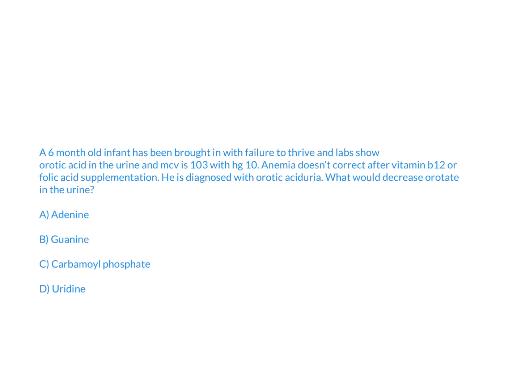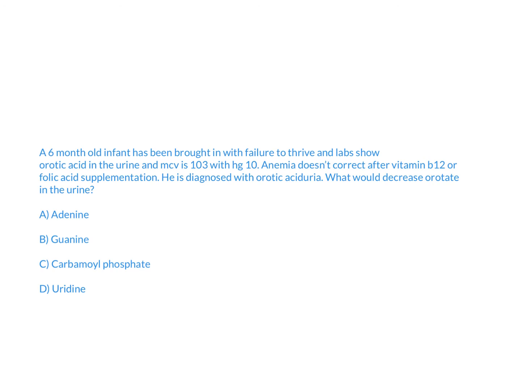If it's below 80, it's going to be microcytic, and if it's above 100, it's going to be macrocytic. That just means it's a bigger RBC, but in this case it's megaloblastic because we tried giving vitamin B12 and folic acid, and both of those things did not correct it. So that's why we decided that it's a megaloblastic anemia.